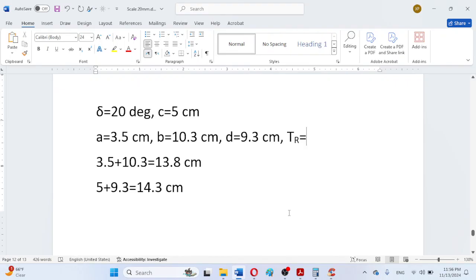As we can observe, beta is equal to 200 degrees and alpha is 160 degrees.